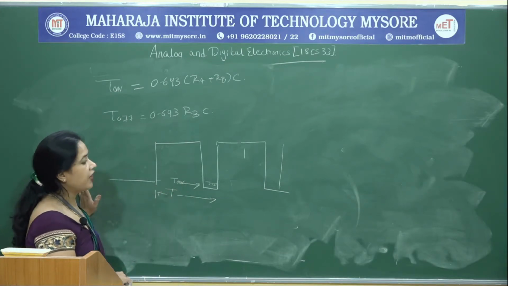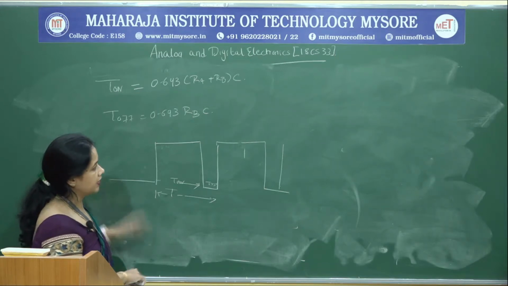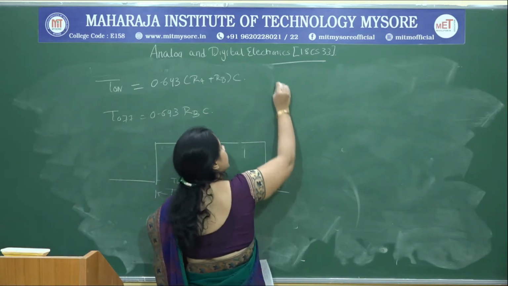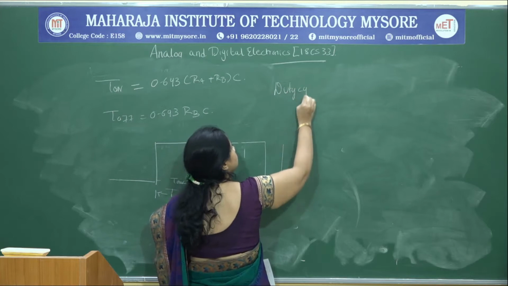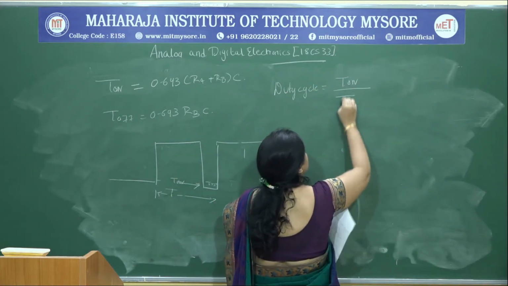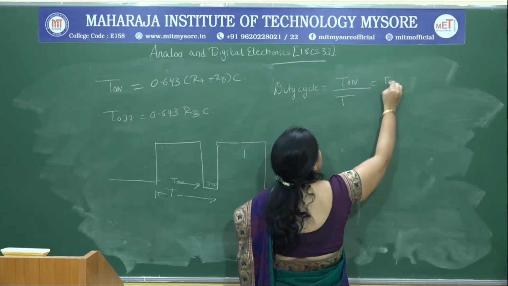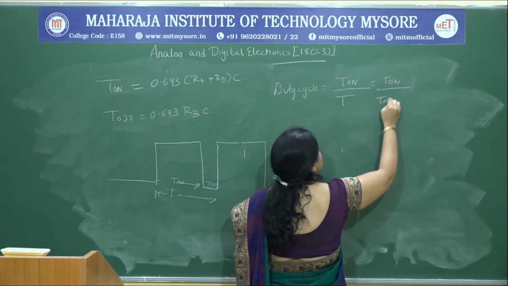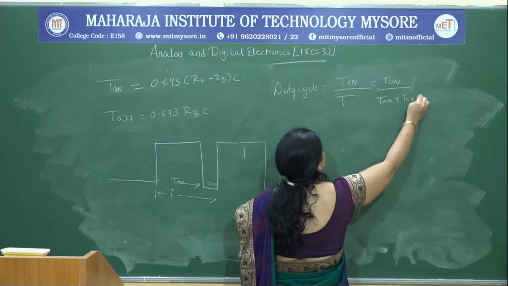So, we will define what is called the duty cycle at this point. Duty cycle is the ratio of on time to the total time. So, it is T on by T on plus T off.